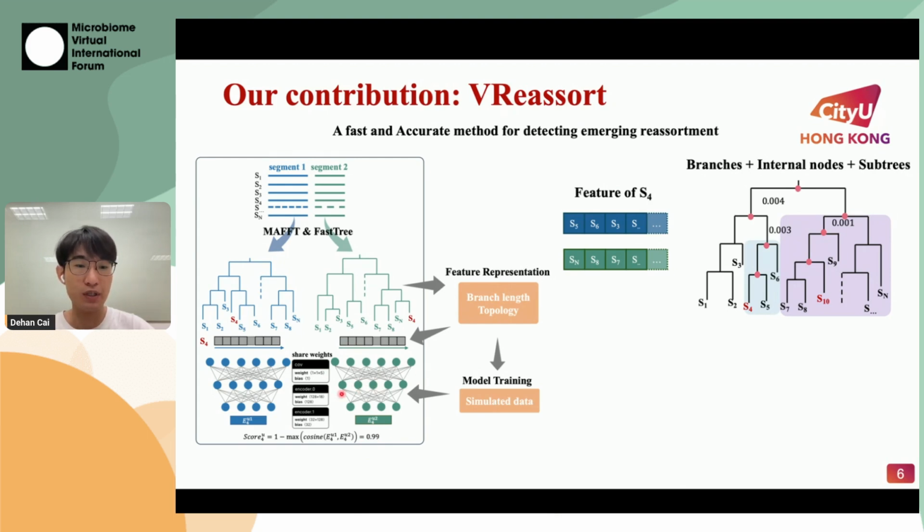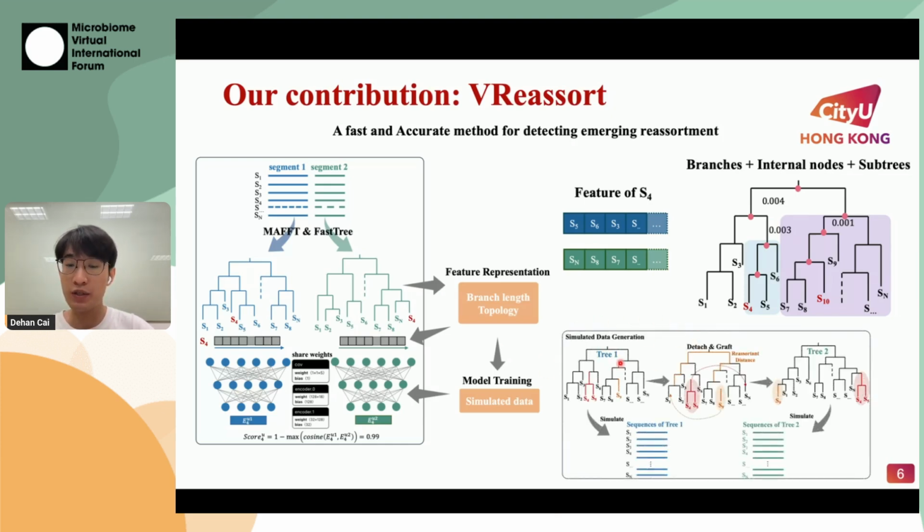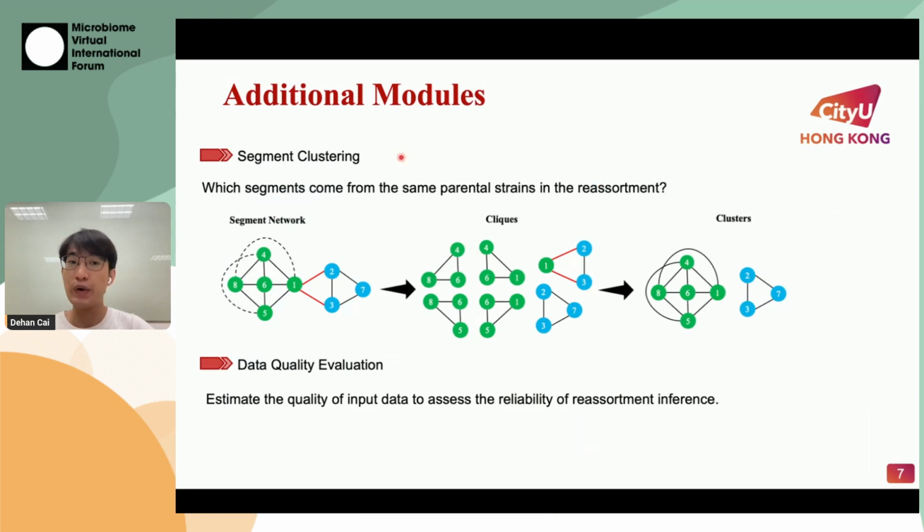To achieve the prediction, we need data to train the model. However, there is limited data with reassortment annotation in the current databases. So we simulate the reassortment process to obtain simulated data, and then use it to train the model to predict reassortment between pairwise comparisons. Once we have the pairwise comparisons between many trees, we can do segment clustering to help us understand which segments came from the same parental strain in the reassortment.